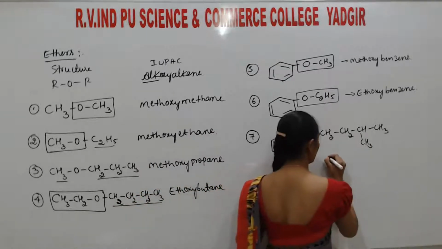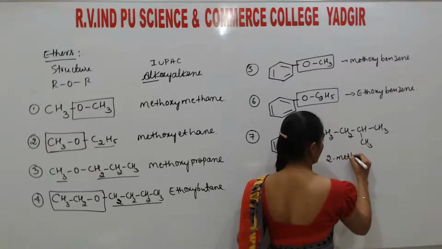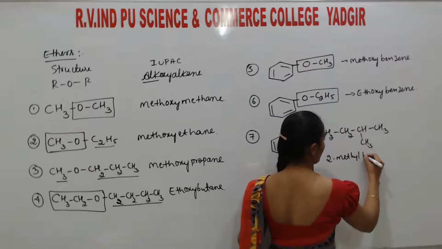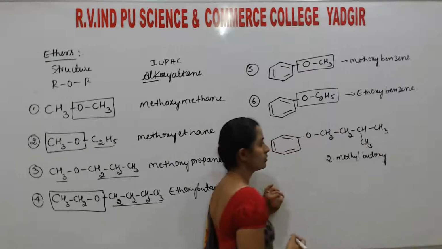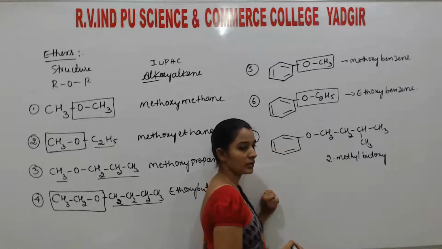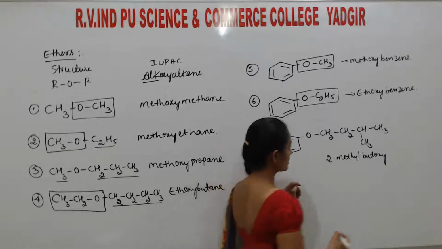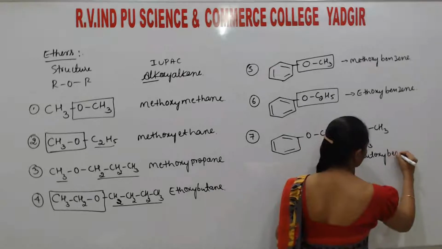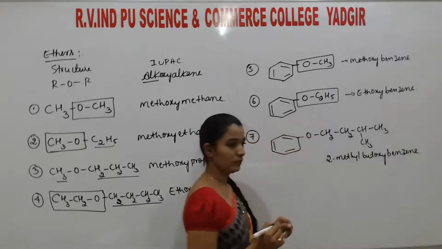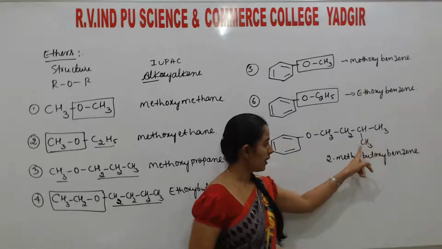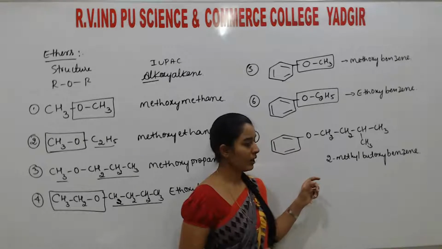So you take 2 methyl butoxy, and this one is benzene. 2 methyl butoxy benzene. You're getting it?